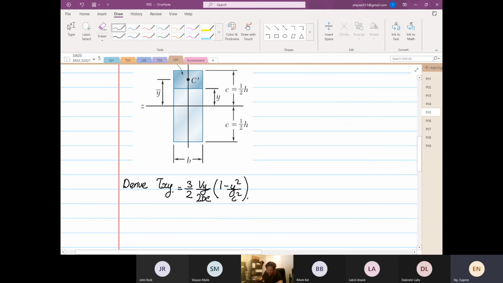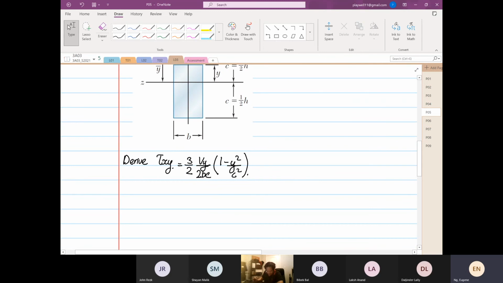We're going to derive this expression, and as I said, how we derive it will enable us to set rules for the analysis.